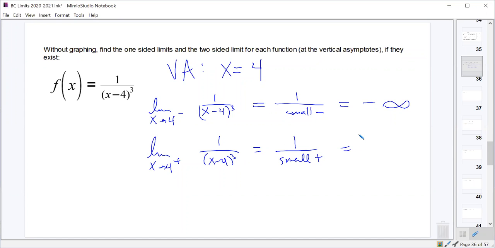And 1 divided by a very small positive number ought to be infinity. And if the limit from the left is negative infinity and the limit from the right is positive infinity, we will definitively say that the limit as x approaches 4 of f of x does not exist.